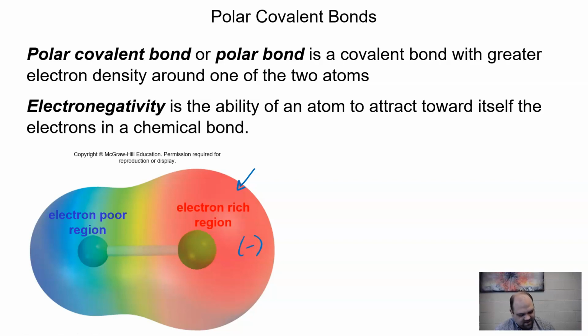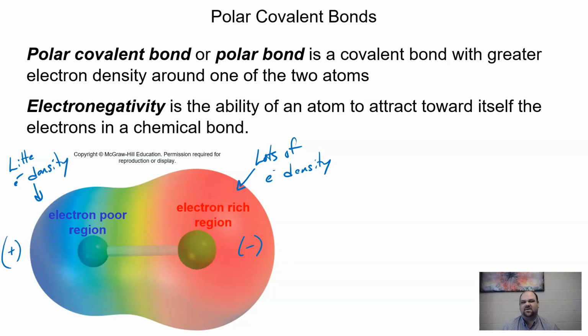And over here in this electron-poor region, we have a little electron density. And this is the positive side of a particular bond.